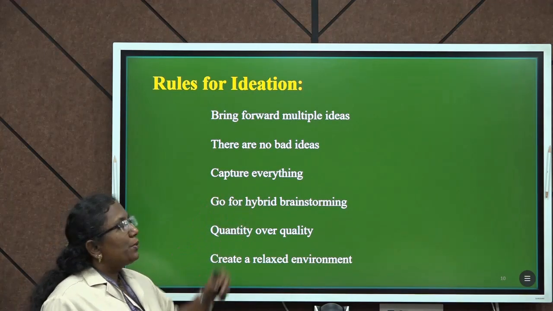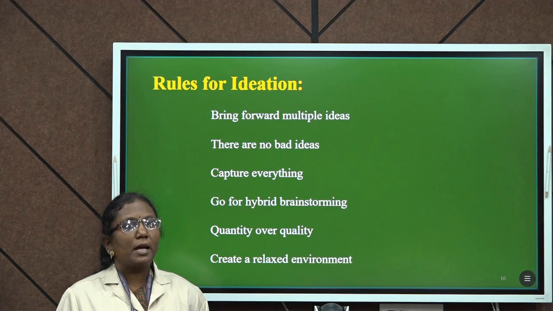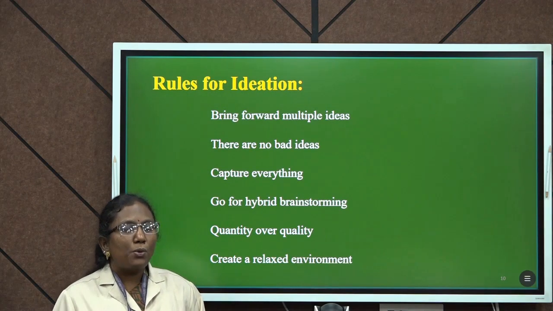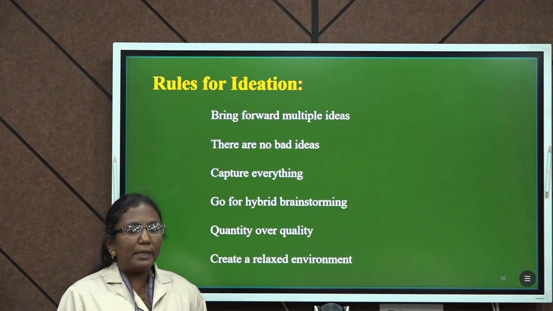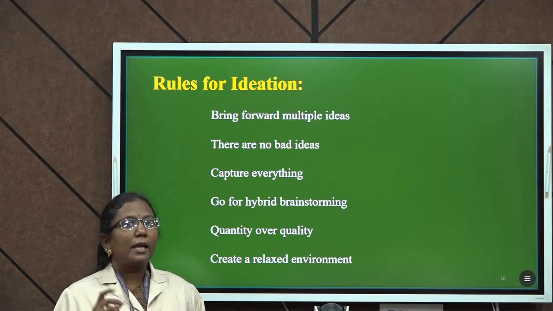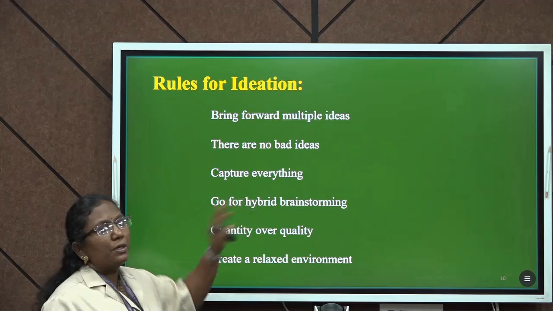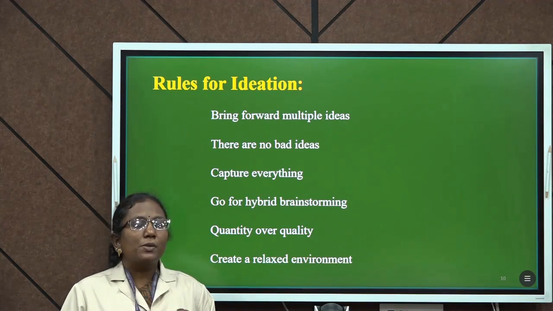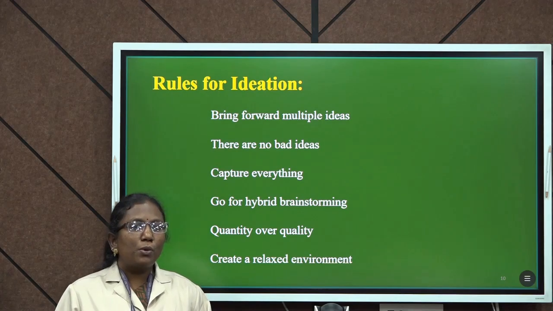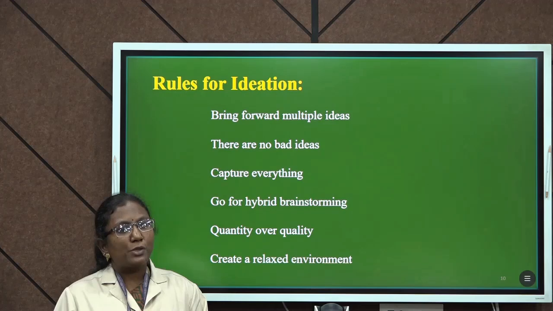During idea generation they have to capture everything, looking over the problem in all aspects, at a 360-degree angle. The second rule is that they can go for hybrid brainstorming, in which they use both individual brainstorming as well as collective team brainstorming sessions.